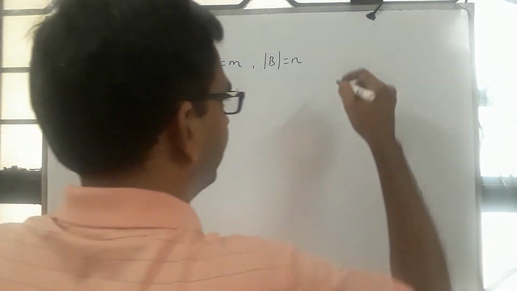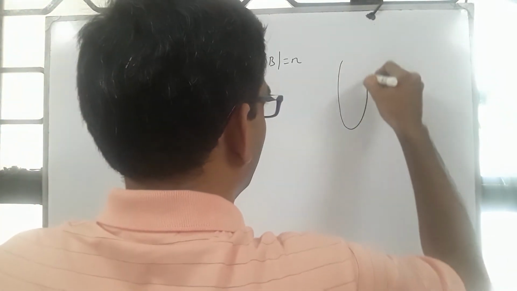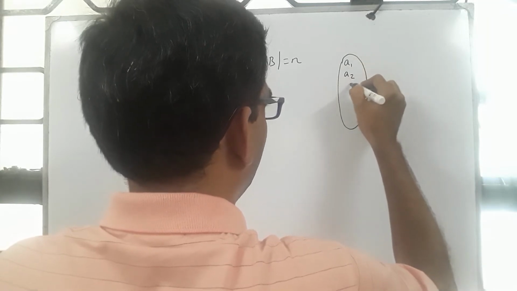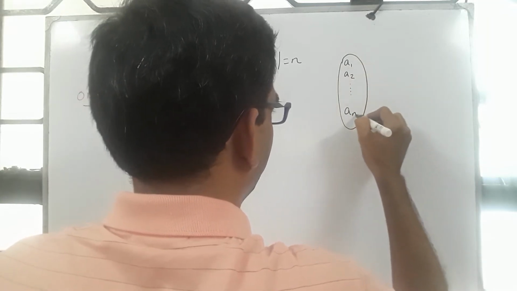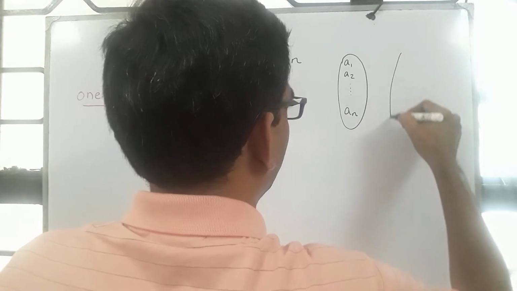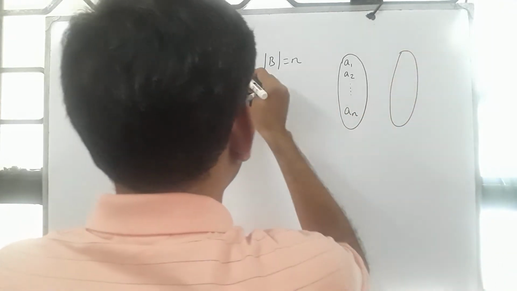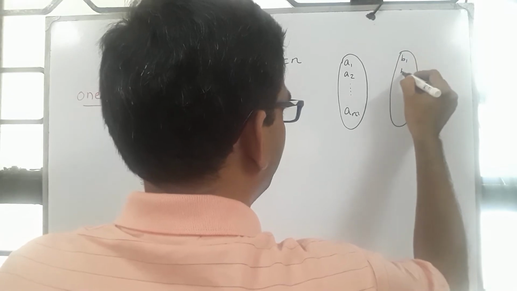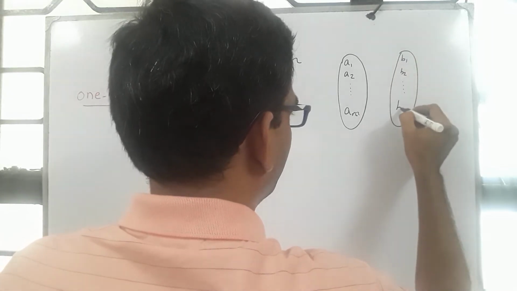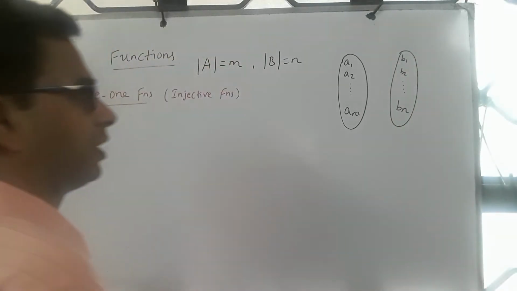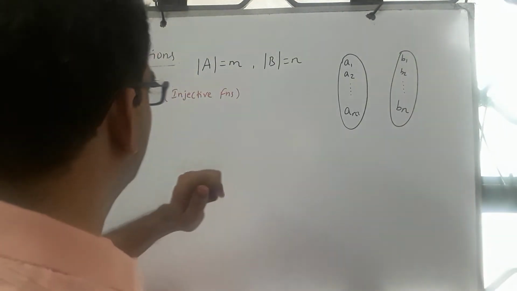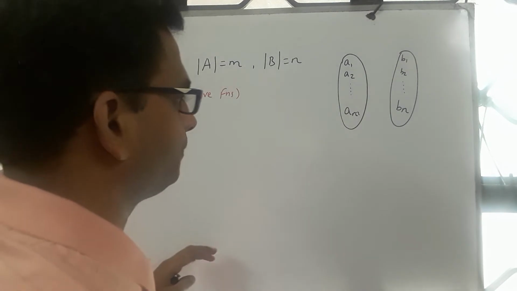So given a set of size, say a1, a2, so on up to an, and okay, domain is M, so am, and codomain is b1, b2, so on up to bn. We are interested in counting functions which are 1 to 1.